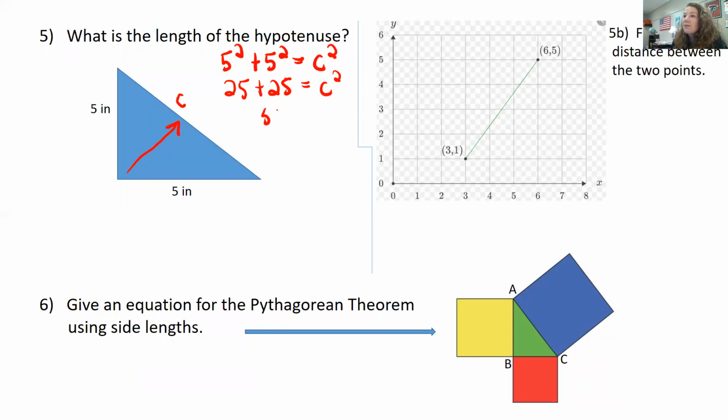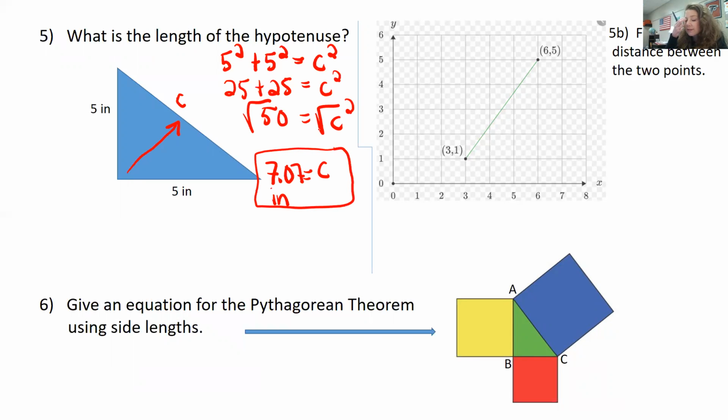So that would be 50 is equal to c squared, and to get c by itself, we find the square root of both sides. So you can either say that c is equal to square root 50, or we could say square root of 50 is about 7.07 inches. The hypotenuse is about 7.07 inches.